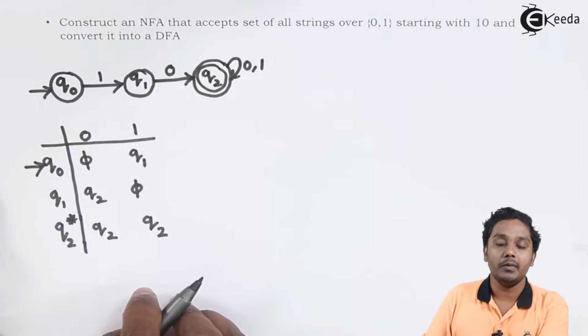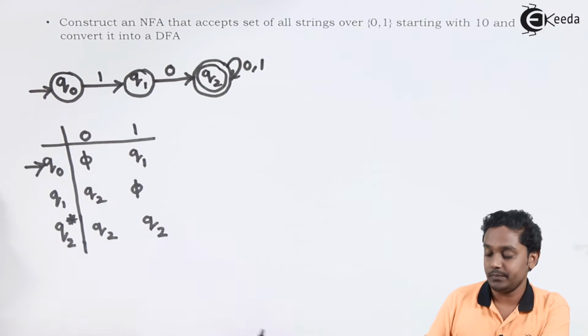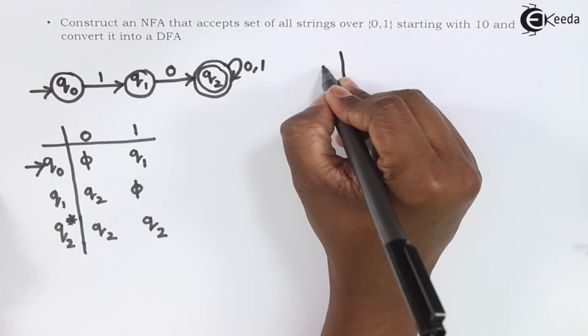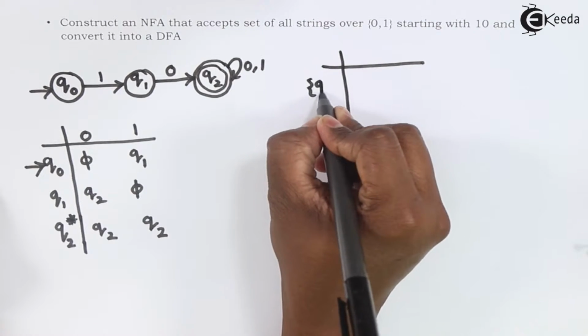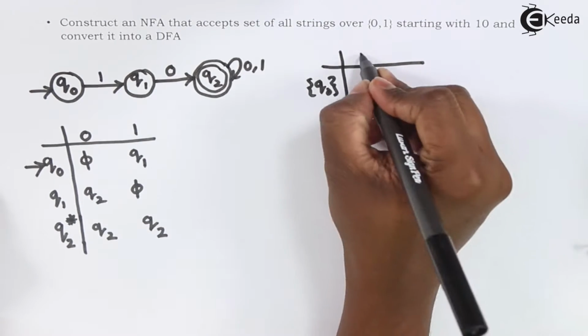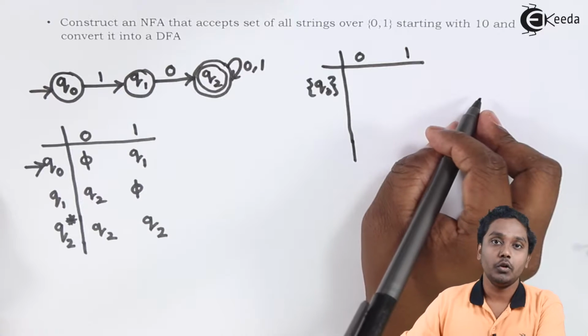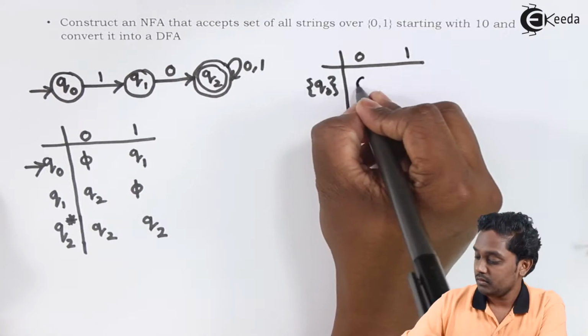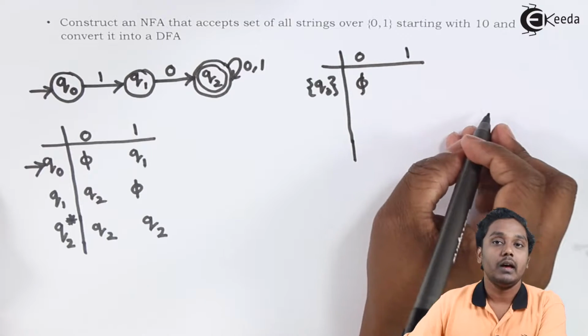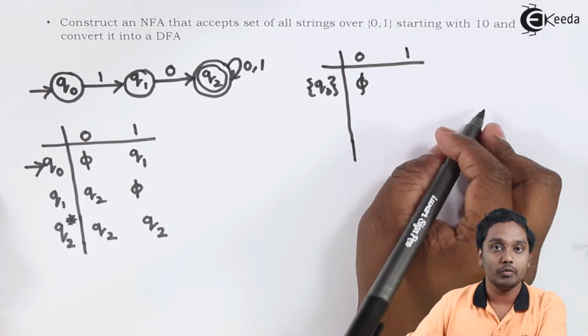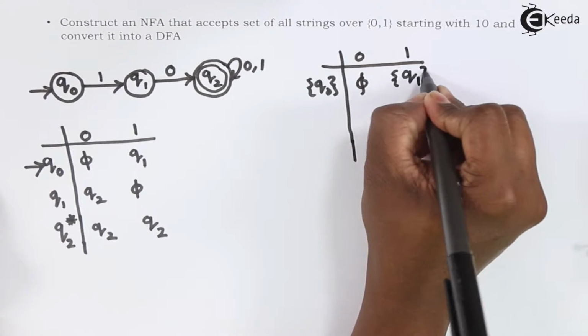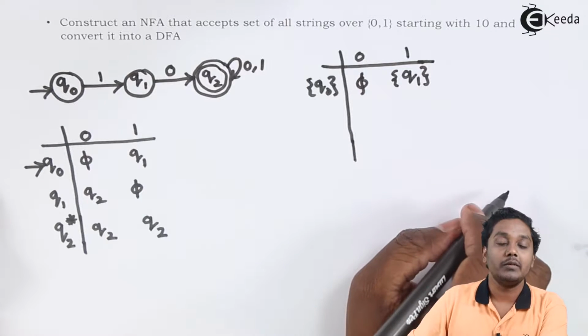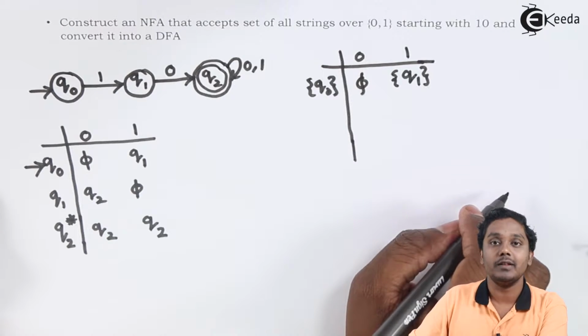Now we transform the table of the NFA to a DFA. Q0 has a transition to the dead state on 0 and Q0 has a transition to Q1 on 1. In the first row, we have encountered a new state and hence we will have a new entry.